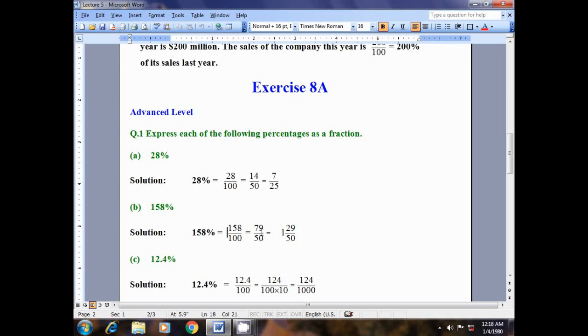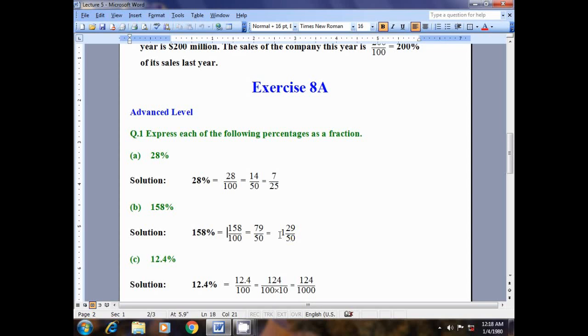Proper and improper fraction. Let's discuss this point a little bit. A proper fraction is a fraction in which the numerator is less than the denominator. Conversely, if we have a numerator greater than the denominator, then the fraction will be an improper fraction. And keep in mind, an improper fraction can be written in the form of a mixed fraction.